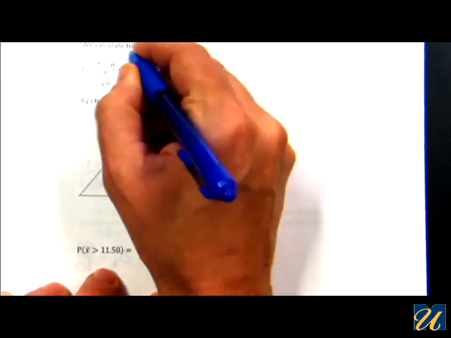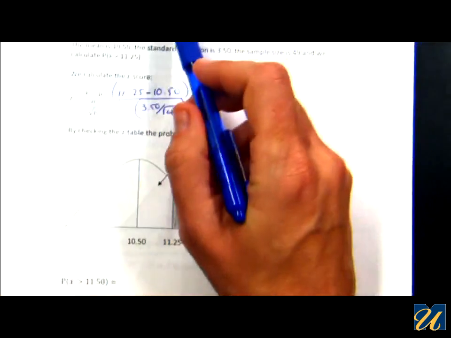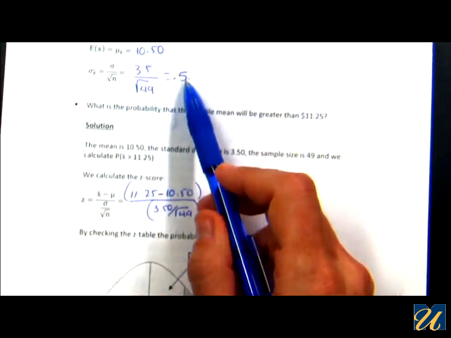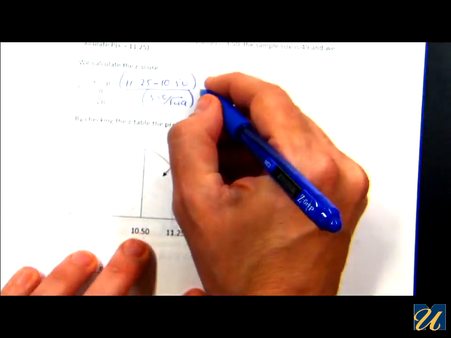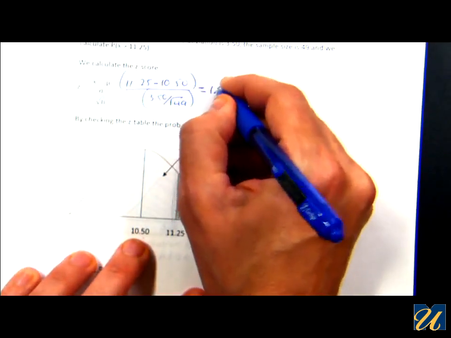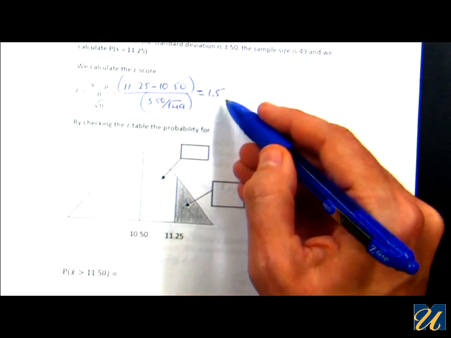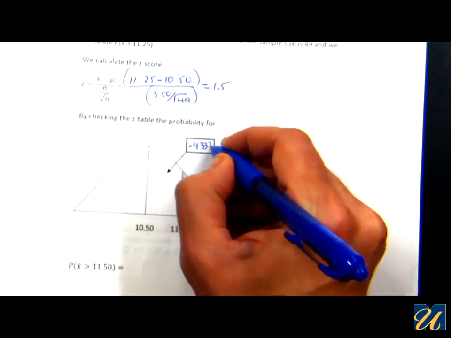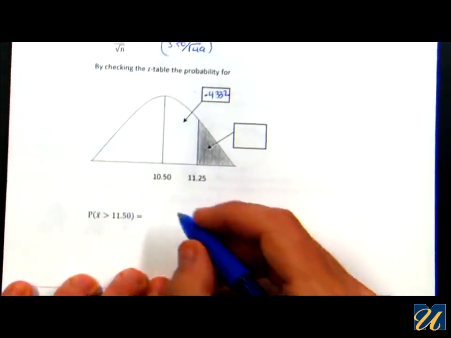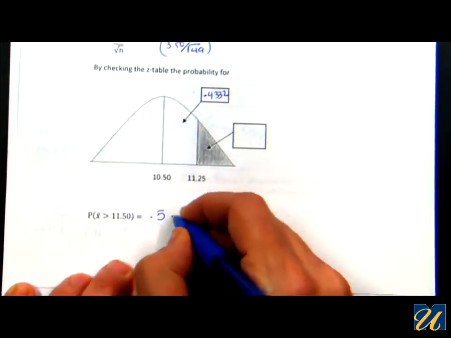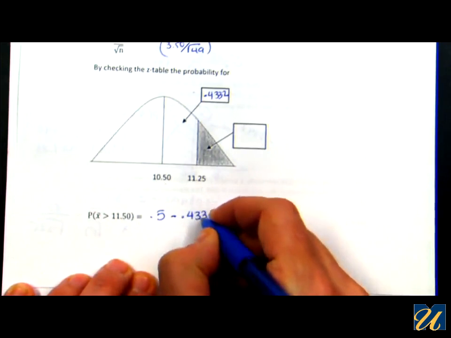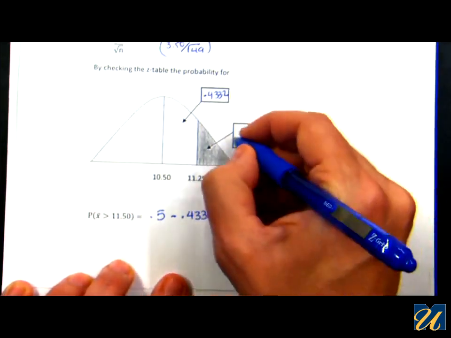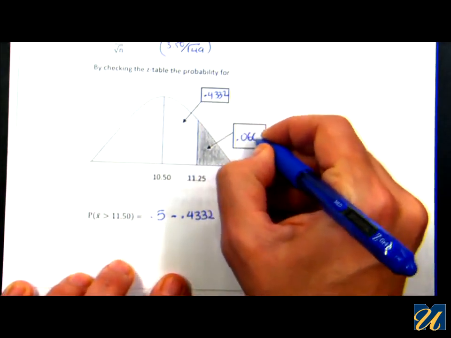Once again, make sure you use your parentheses, or you can simply use directly the standard error of the mean since you've already calculated it on the first question. This will be equal to 1.5. 1.5 will give me a probability of 0.4332. Since I'm looking for a tail, this is going to be 0.5 minus 0.4332, and this will be equal to 0.0668.